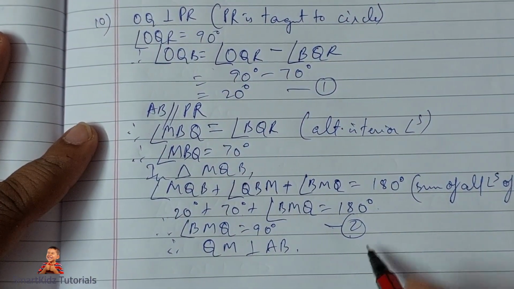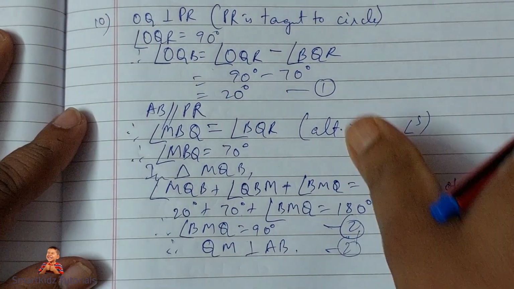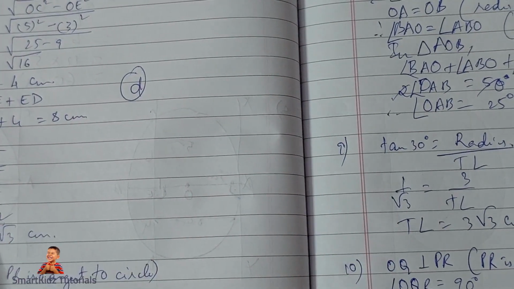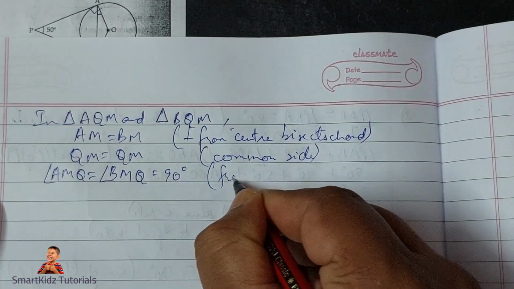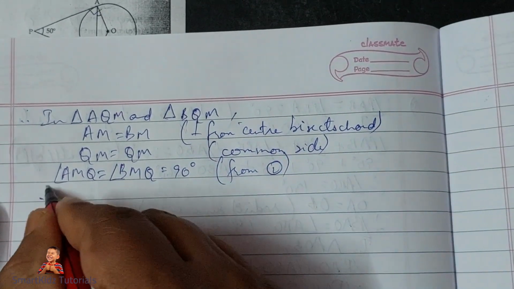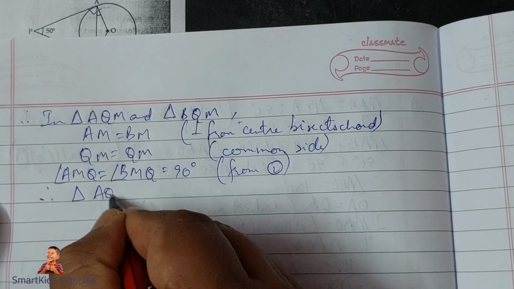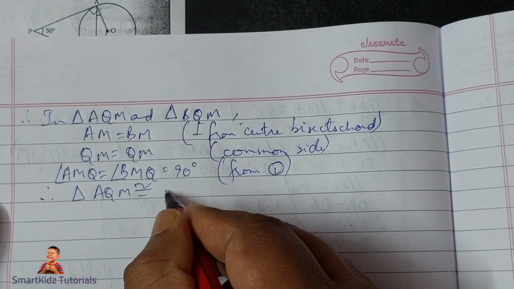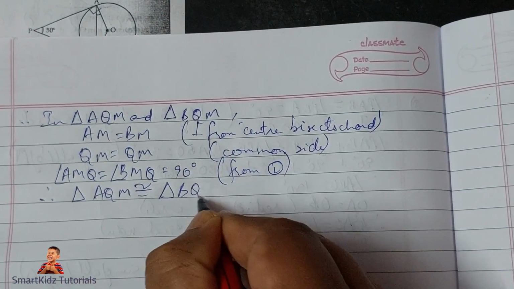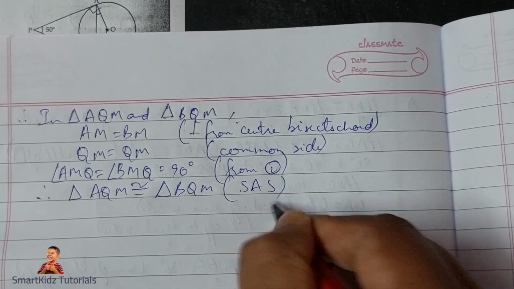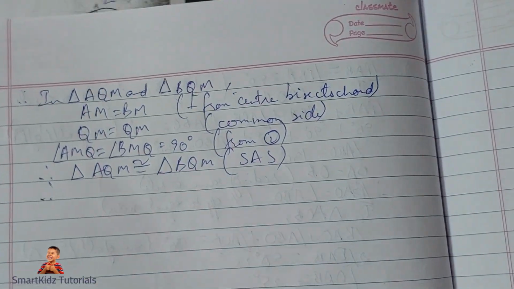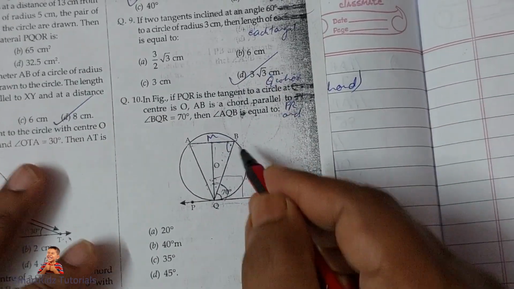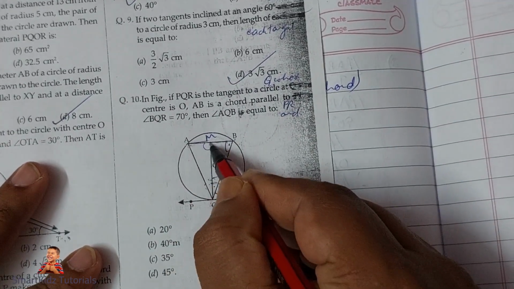You can write over here, from two. You can say therefore triangle AQM is congruent to triangle BQM, and this would be by SAS. How is it SAS? Side, angle, side.